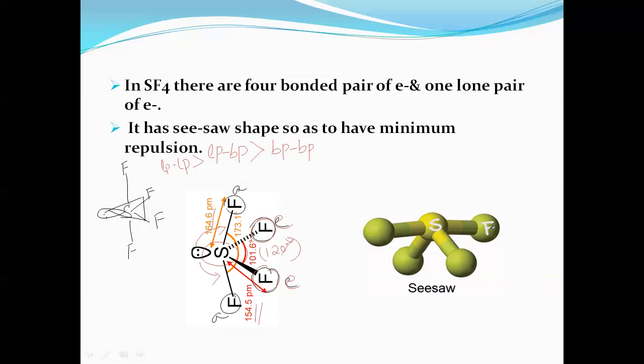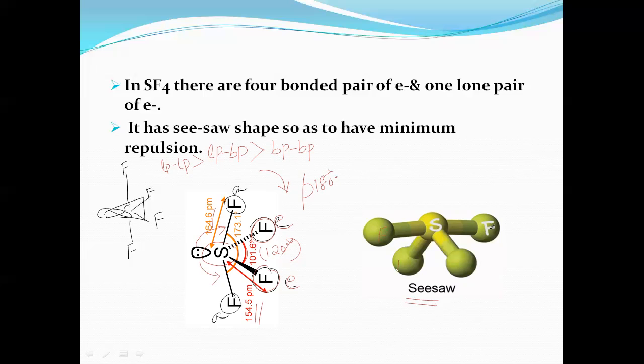And the angle between these two axial fluorines, which is supposed to be 180, linear, is now reduced to 173.1. As a result of this, when we tilt the structure like this a little, it will be in the shape of a seesaw.